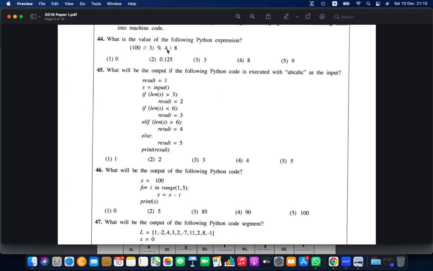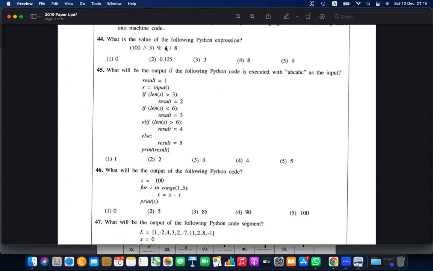Even before that, the unary operations, meaning one operator and one operand, like not, -1, -2. These are considered first, and after that multiplication, division, modulus, all at the same level. If all are there, then left to right is executed. Finally the bitwise operators.